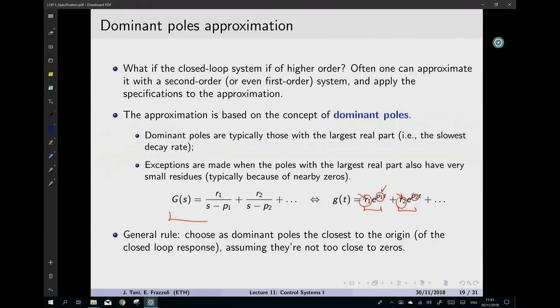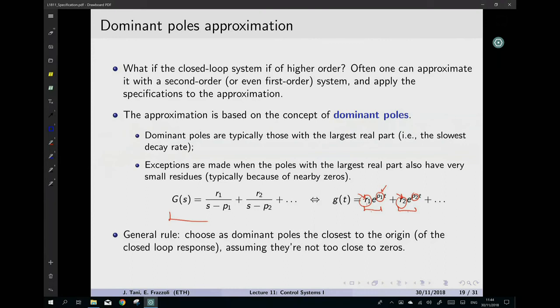So these are a bunch of exponentials. The way the dominant pole approximation works is that you neglect all those terms that decay faster, because if they decay faster, in a shorter time they will no longer be of concern.